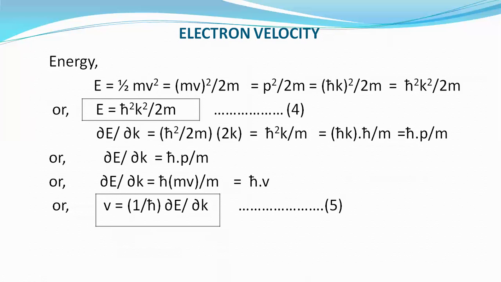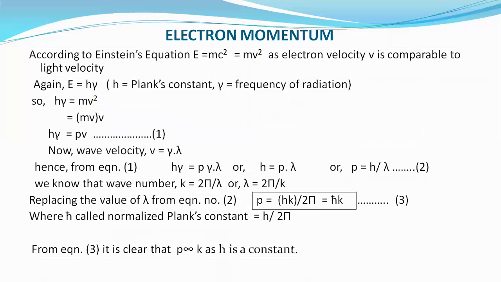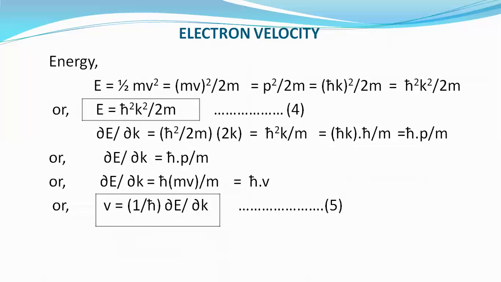That means mv is momentum p, so p square upon 2m. And as we have derived in equation number 3, p is equal to h cross k. So I'm putting the value of p here: h cross k whole square upon 2m, means h cross square k square upon 2m. So E, energy, is h cross square k square upon 2m, equation number 4.